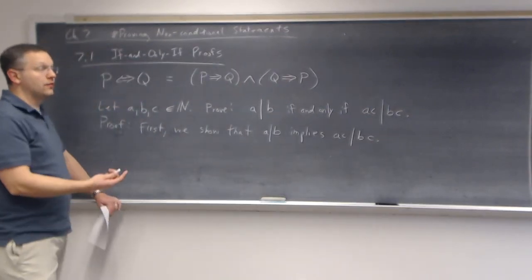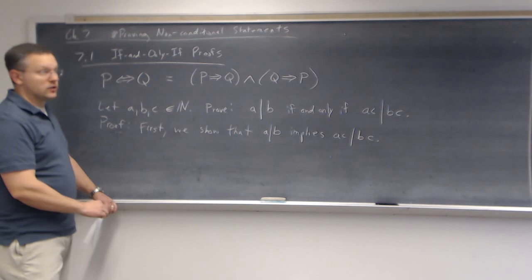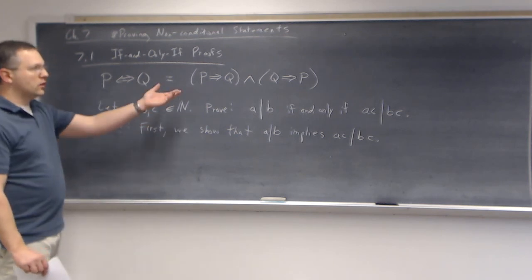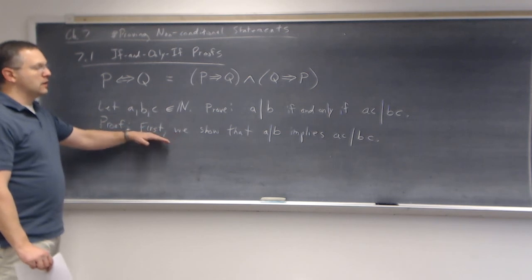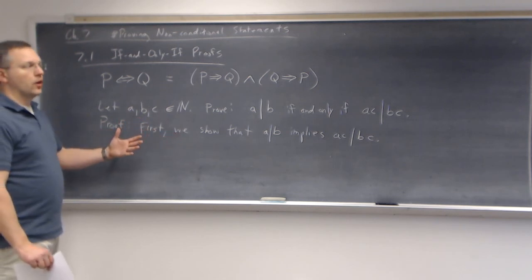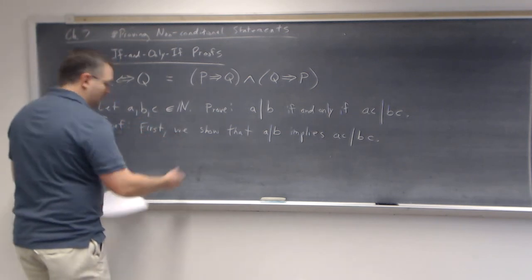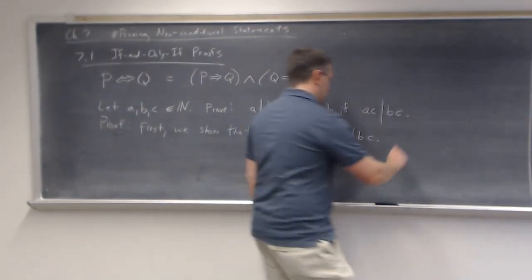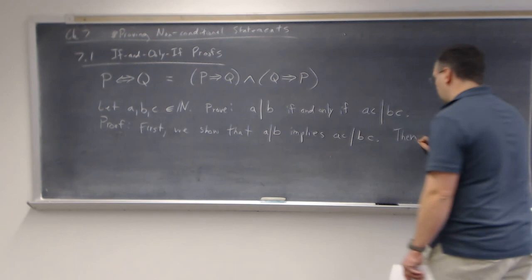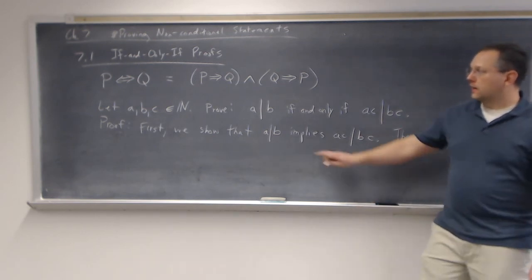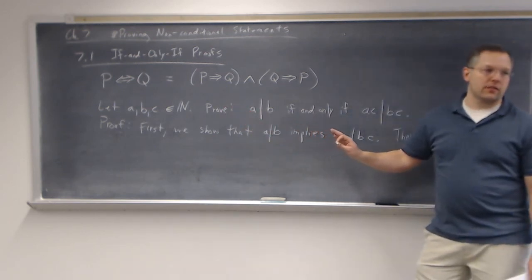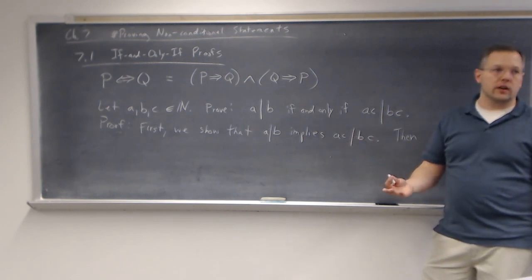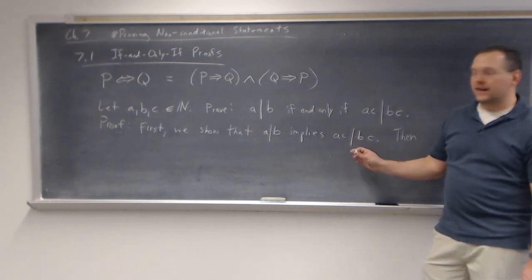So you give the reader a clue as to the order of your proofs. You don't have to do that first. You could have done Q implies P first, but it's nice to let the reader know what you're doing. All right, this is just a direct proof. What does A divides B mean? Well, now here's the thing. There's a C in the statement of the theorem, so you can't use C for your arbitrary factor.